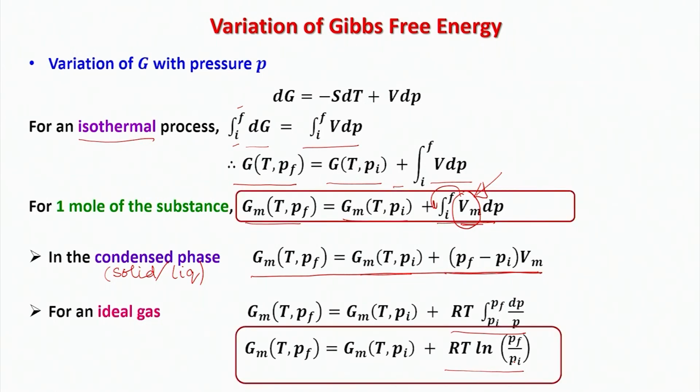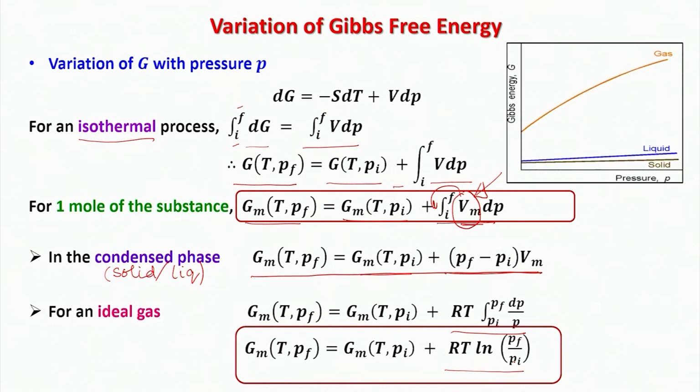And therefore, as you can see, these two relationships can give you very easily a handle to understand how the Gibbs free energy varies with pressure at isothermal condition.